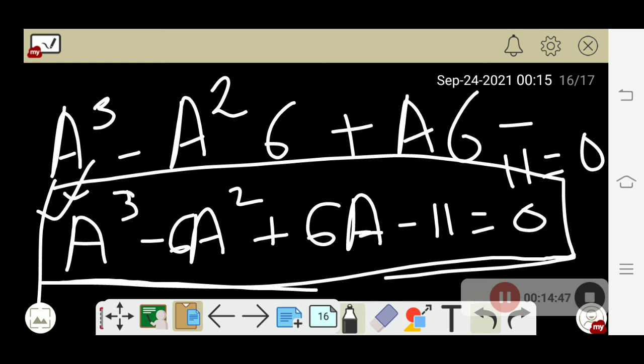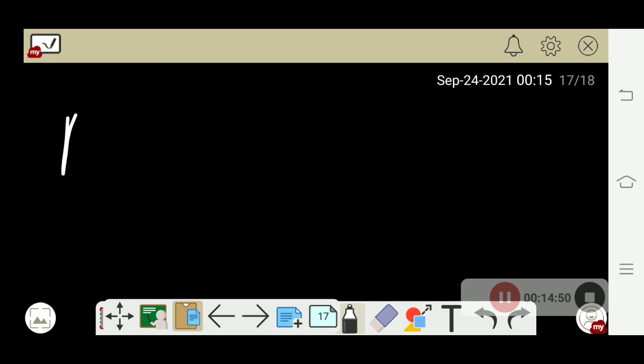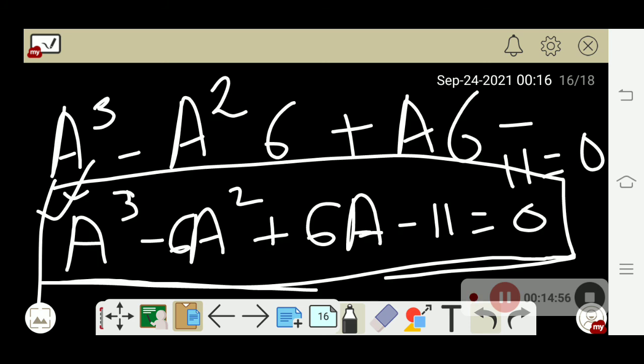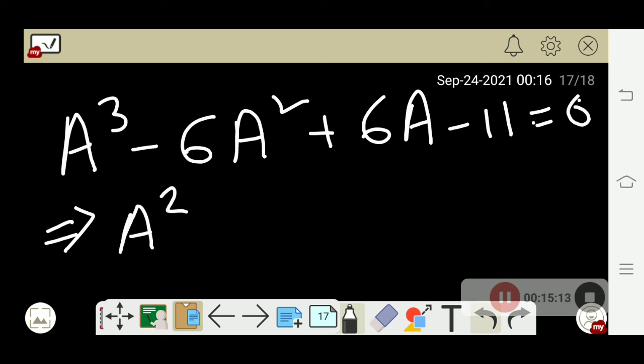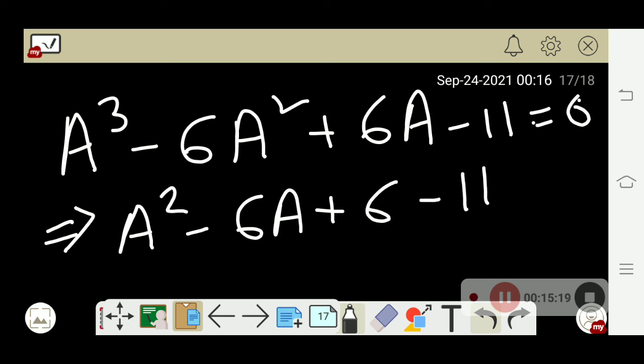Okay, so I am using the next page again. A cube minus 6A square plus 6A minus 11 equals 0. Let us divide by A on both the sides. It will imply A square minus 6A plus 6 minus 11 A inverse equals 0.